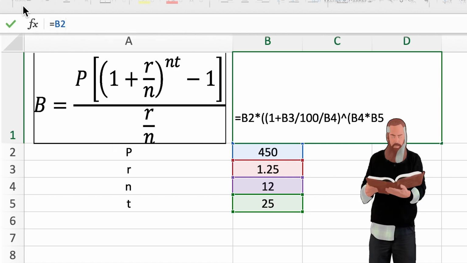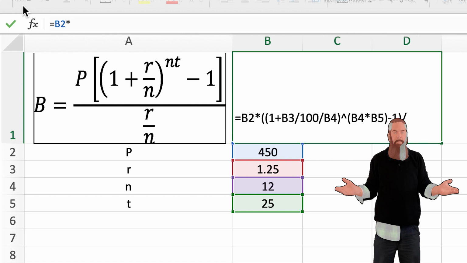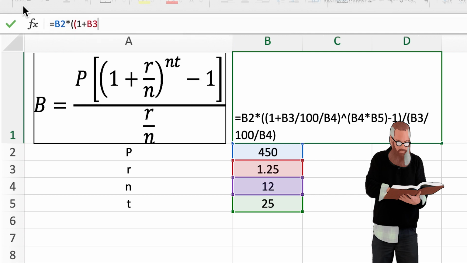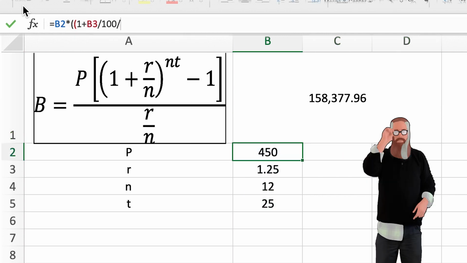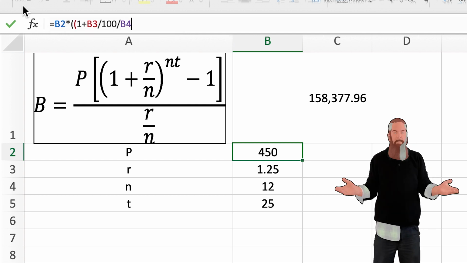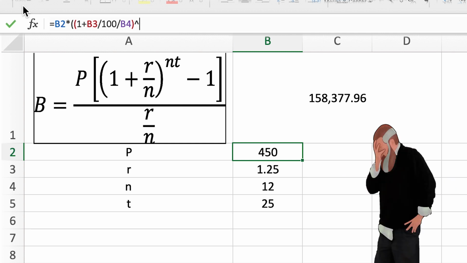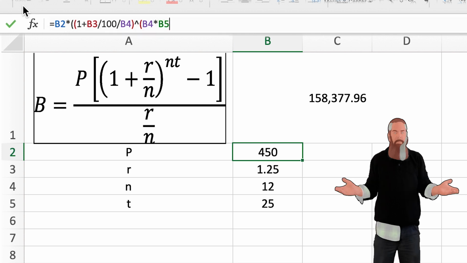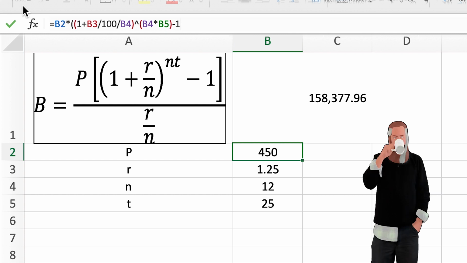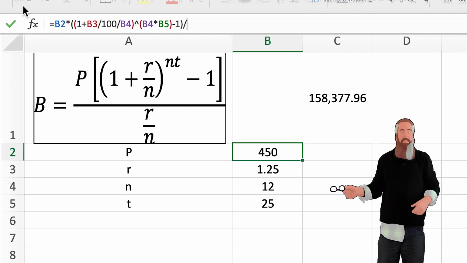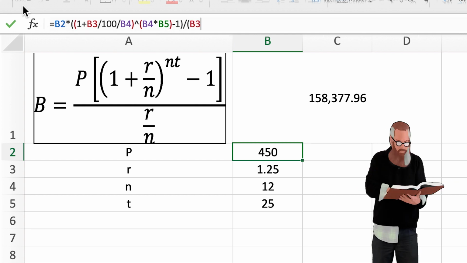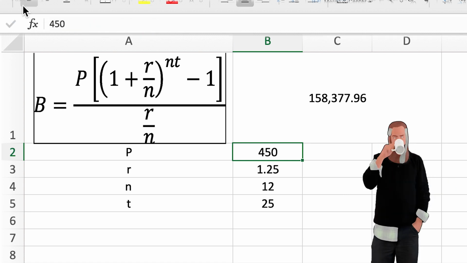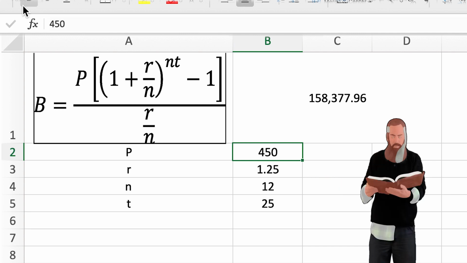Hit equal B2 times, open parenthesis, 1 plus B3 divide 100 divide B4, close parenthesis, exponent, which is the up arrow, open parenthesis, B4 times B5, close parenthesis, minus 1, close parenthesis, ending the numerator, divide, open parenthesis, B3 divide 100 divide B4, close parenthesis, ending the denominator, and hit enter. This is going to give us $158,377.96.